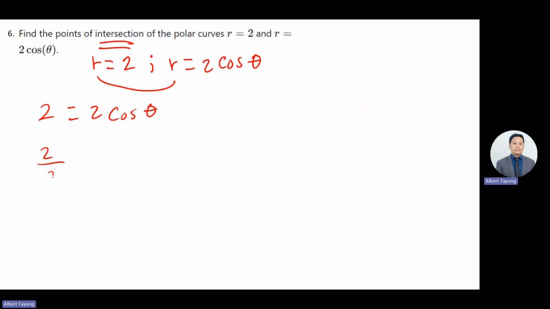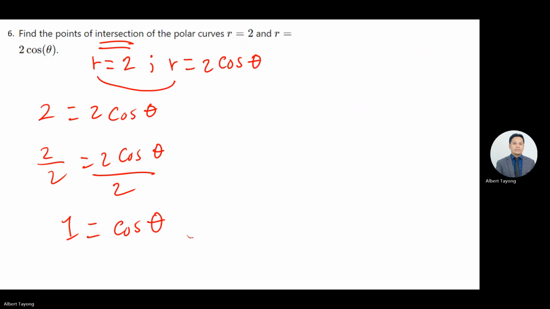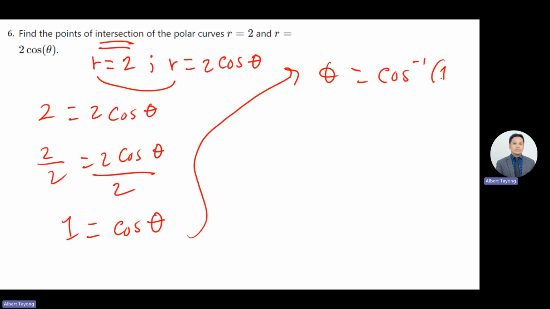We divide both by 2. So 1 is equal to cosine theta. So this one can be solved easily. We have theta is equal to shift cosine 1. So here, the answer is 0.